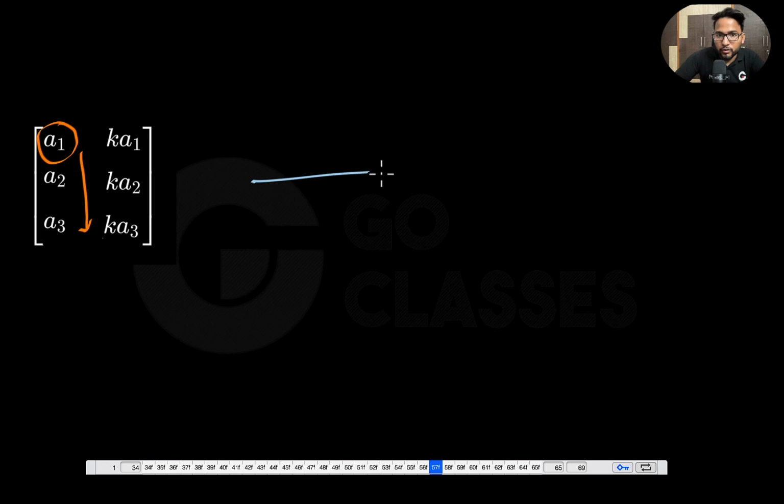Now what you need to do is, you can multiply this R2. Maybe R1 can be divided by A1 and multiplied by A2, so A2 upon A1 times R1, and then minus R2.